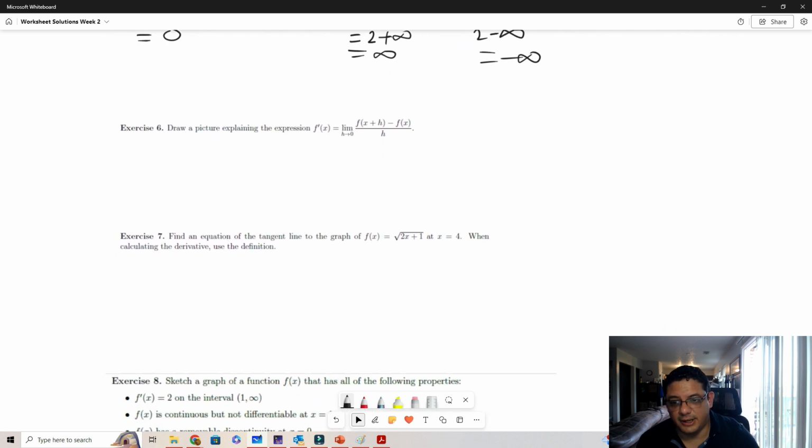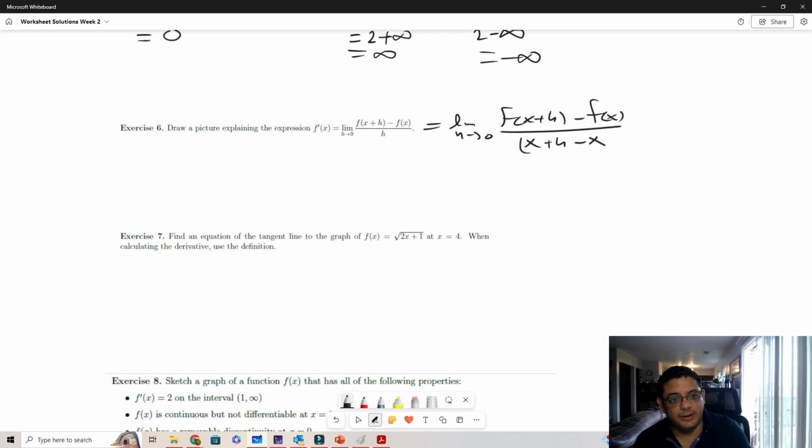Now, number 6, we have to draw pictures explaining this expression. You've got to remember that this is the limit when h goes to 0 of f of x plus h minus f of x over x plus h minus x. And what is this?